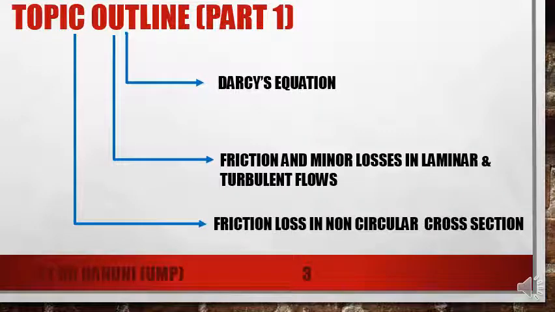Basically, number 2 is the case in which the flow happens in a circular pipe, and this one is when the flow happens in a non-circular one, where the geometry of the flow is not in a circular shape. That's why it's called a non-circular cross section.